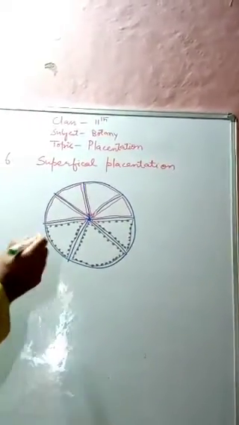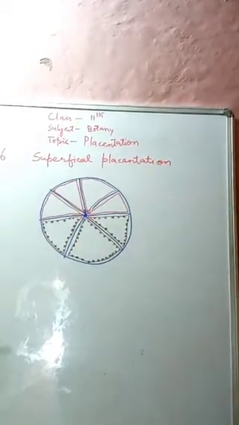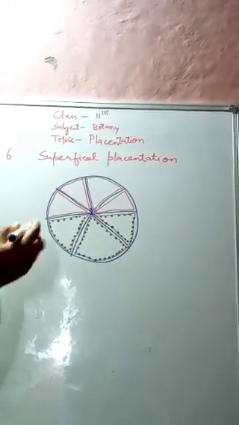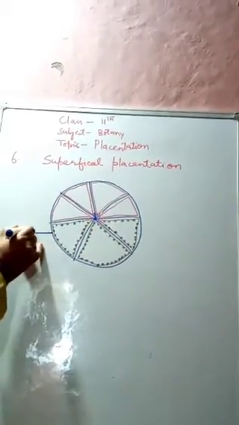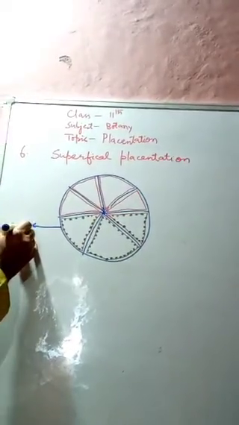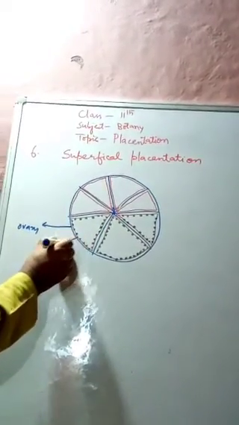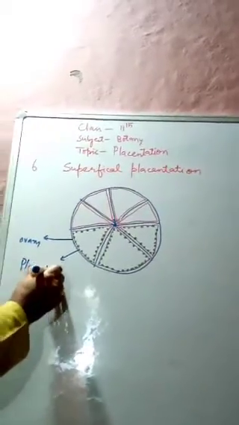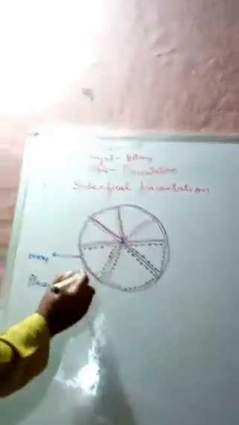So if we try to label this, what is this? This is the ovary. What is this? This is the placenta. That means the placenta is found on the entire surface of the ovary.